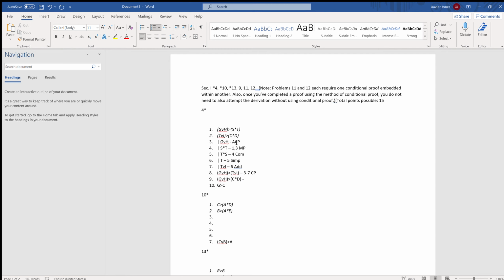Does this give us anything? No, sorry. This is lines 2 and 8, hypothetical syllogism. Okay. If G or H, then C and D.